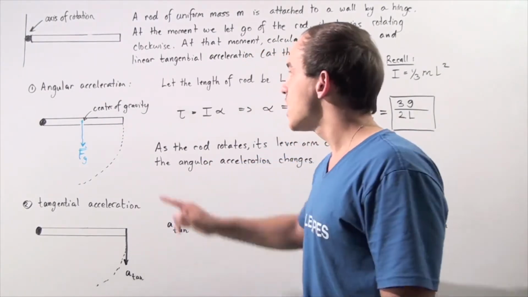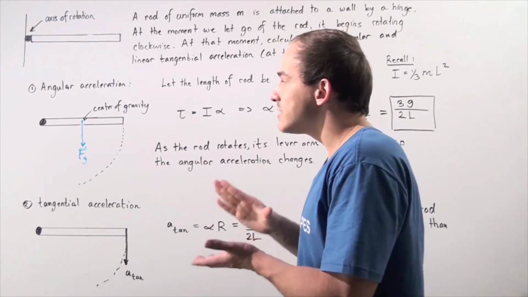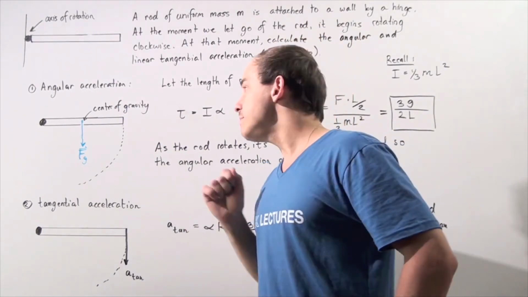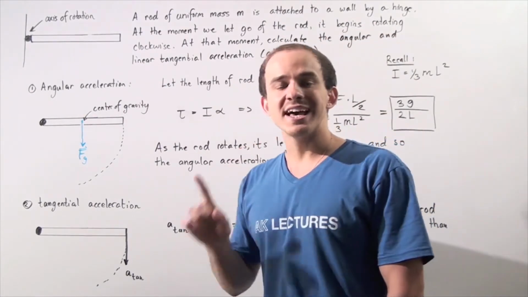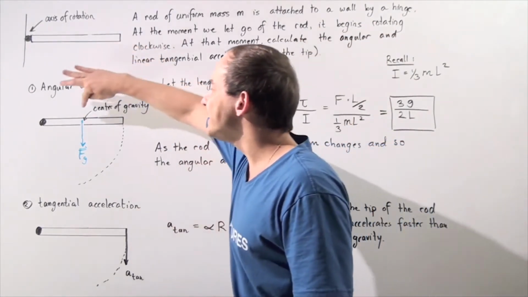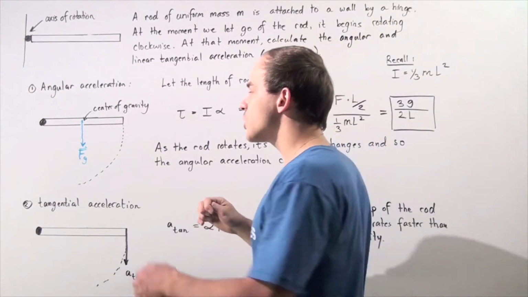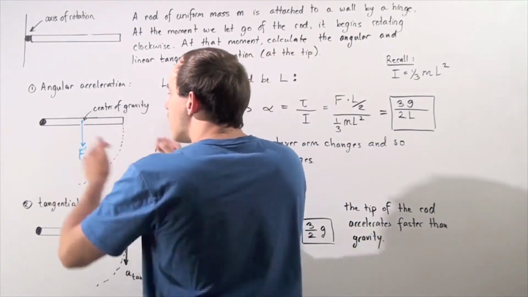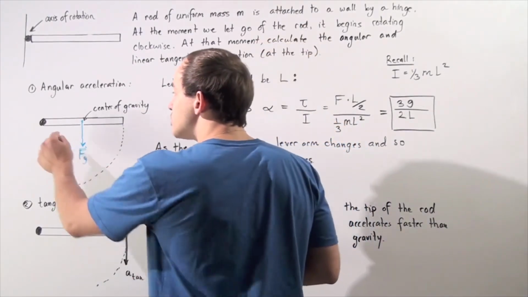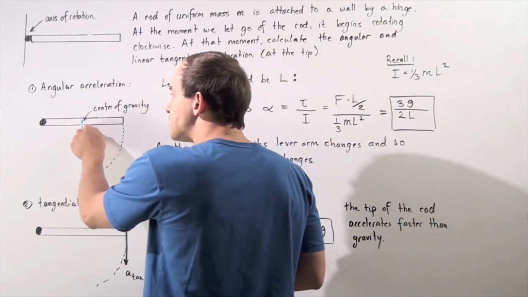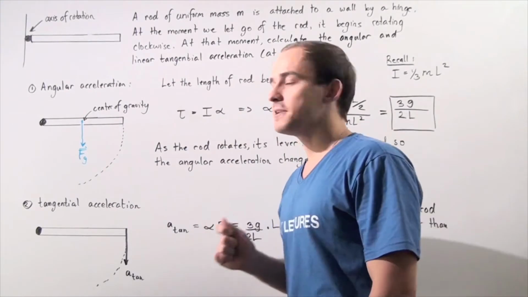Because our object has a relatively small mass, we make the assumption that the center of gravity is the same point as the center of mass, right in the middle of our object. So if the entire length of our object is L, the position from the hinge to the center of gravity is L divided by 2.